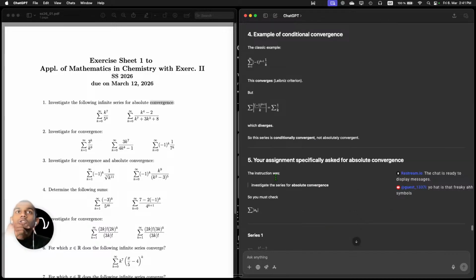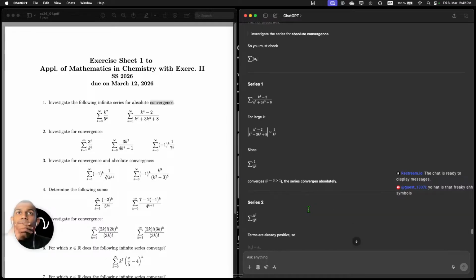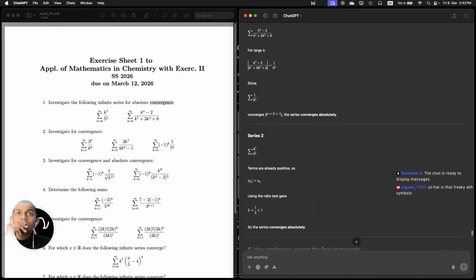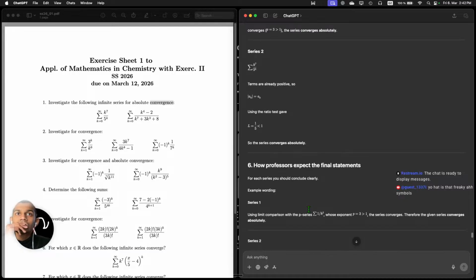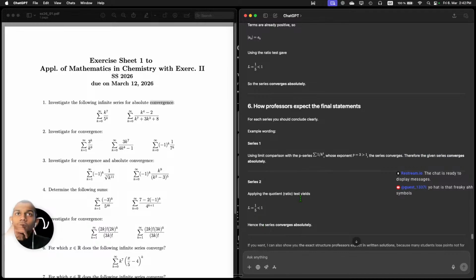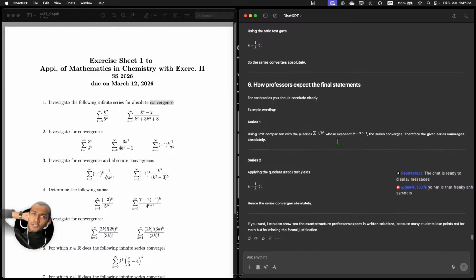Your assignment specifically asked for absolute convergence, so you must check using the limit comparison with a P series whose exponent P gives convergence, therefore the given series converges absolutely. Apply the quotient rule test, hence the series converges absolutely. Okay, so P series test and quotient rule.